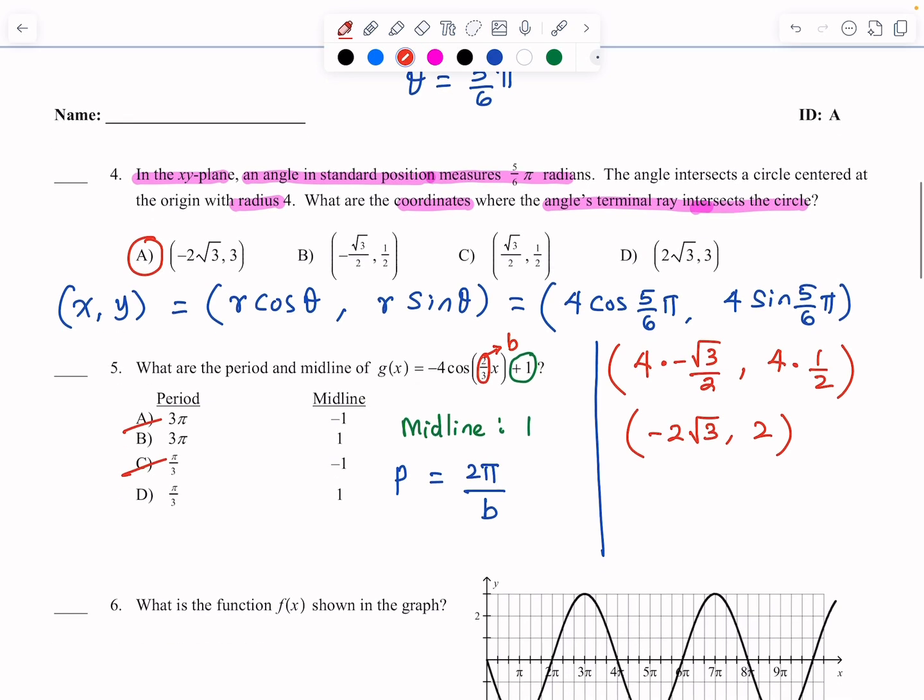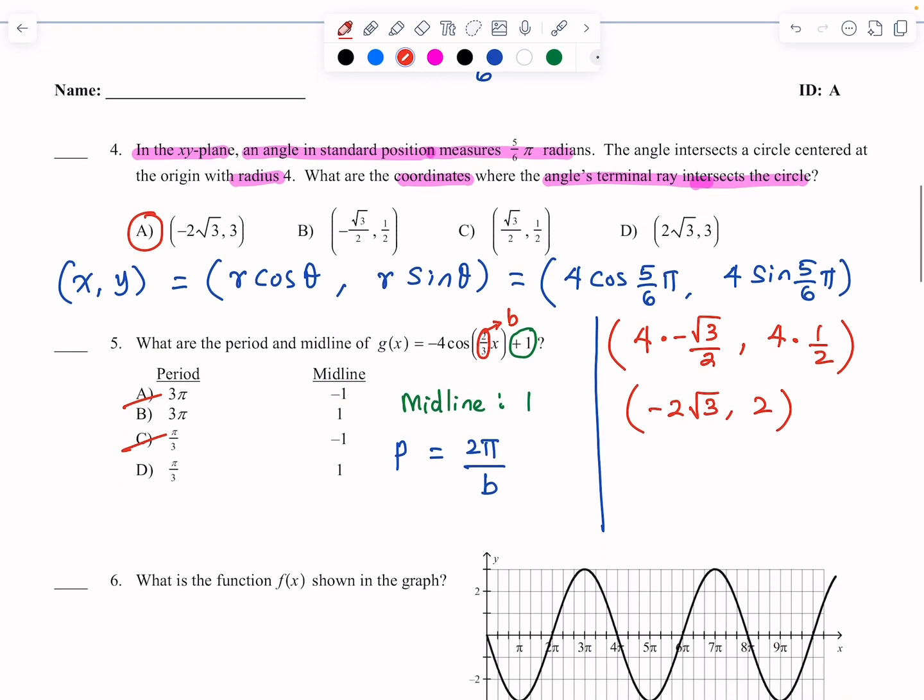So all I have to do is use that to find the period. So I have to do 2 pi divided by 2 over 3. And if you divide this using the idea of keep, change, flip, let me just do it real quick. So you have 2 pi divided by 2 over 3.